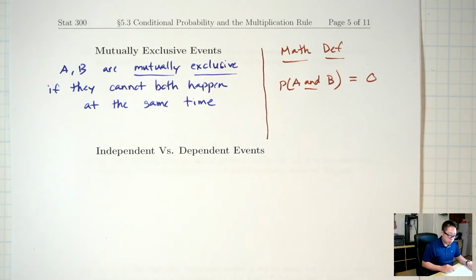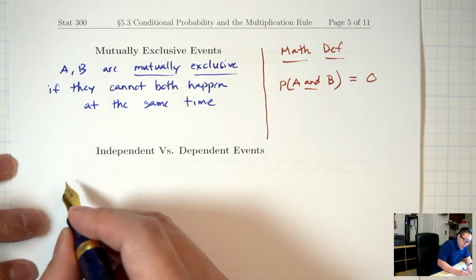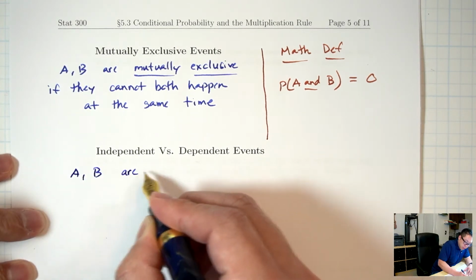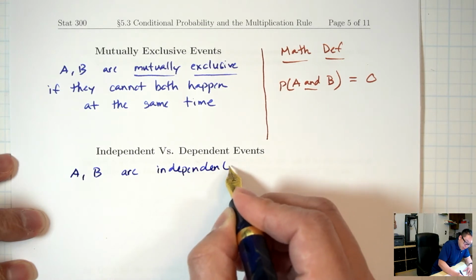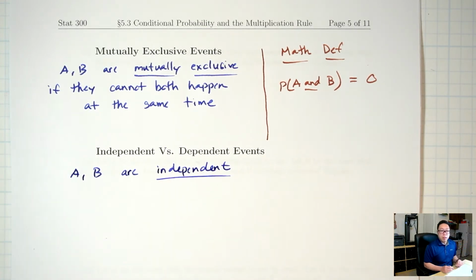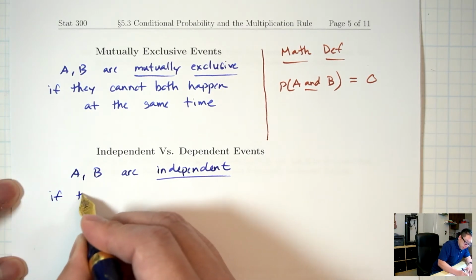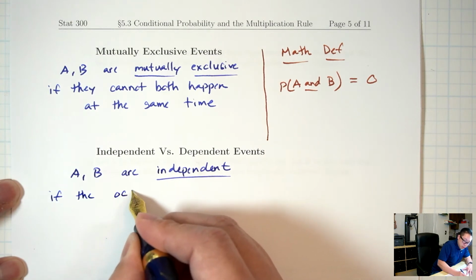And then the new terminology in this section is independent. So 2 events, A and B, are independent if they don't affect each other. If the occurrence of one does not affect the occurrence of the other.